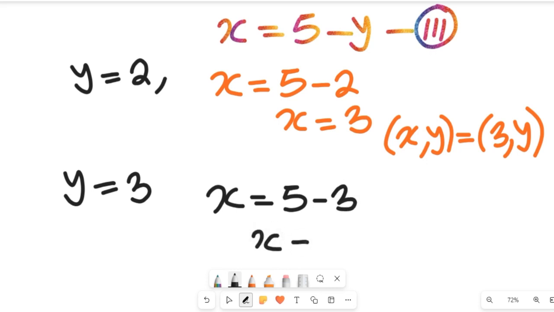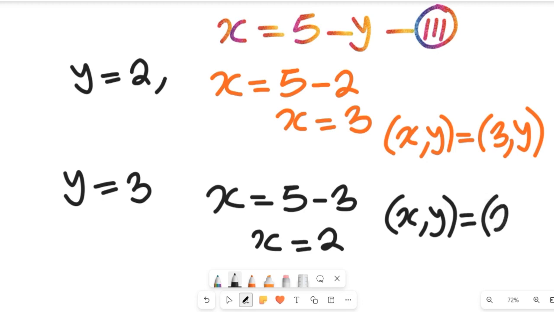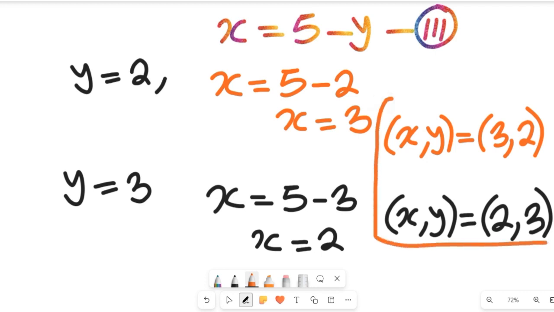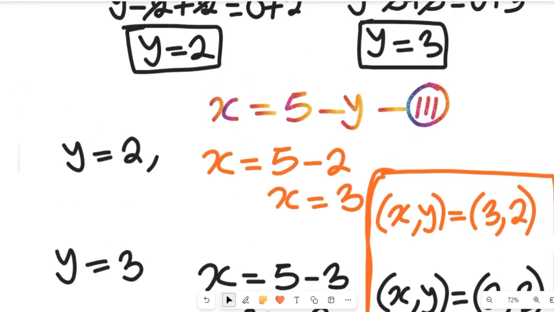Our x will be equal to 2. So on this side, we will have our x comma y equal to 2 comma 3. These are the two points we'll have as the solution, the two points of that graphical solution we started with at the introductory part of this video.